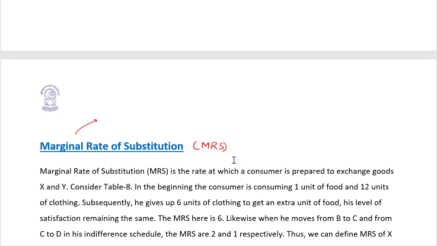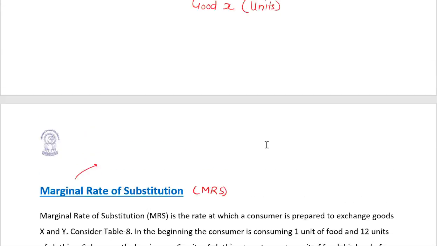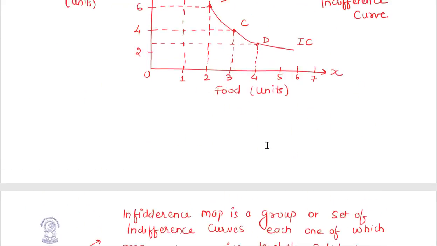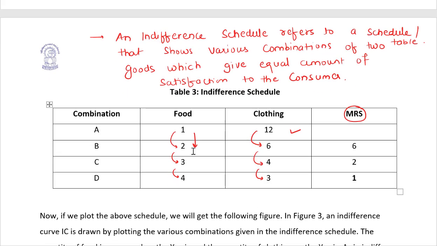So over here we had seen that there is a combination of 12 and 1. That means one unit of food and 12 units of clothing, or 6 units of food and 2 units of clothing, or 3 units of food and 4 units of clothing.